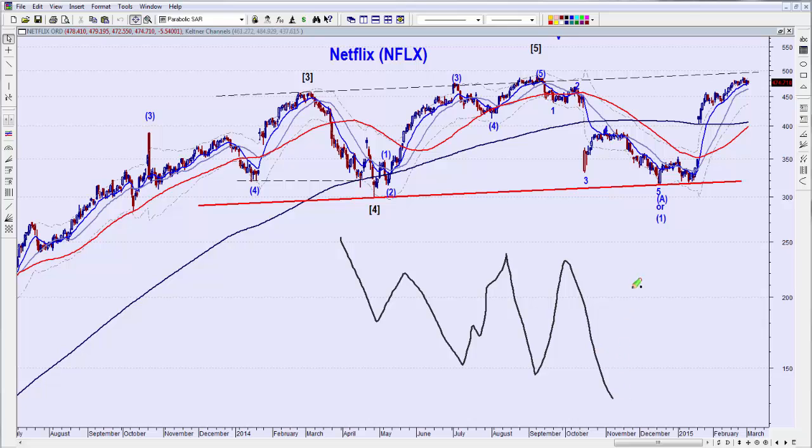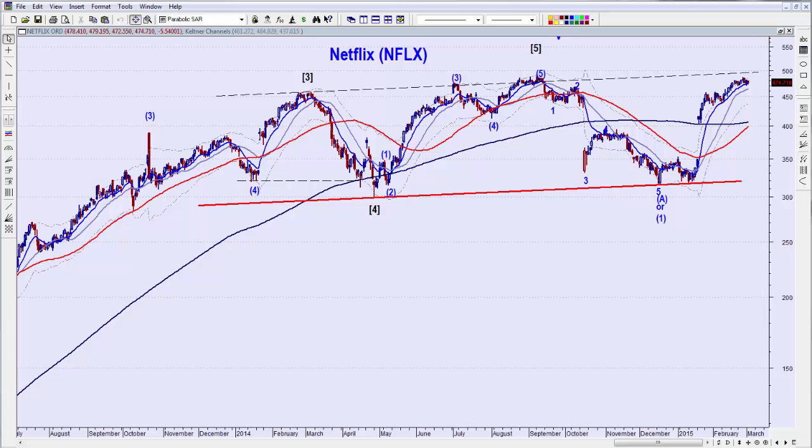Or you can get multiple things. You can get a zigzag that then gets a connecting X and then does another zigzag, and become a combo and become very complex, or it can stay simple.